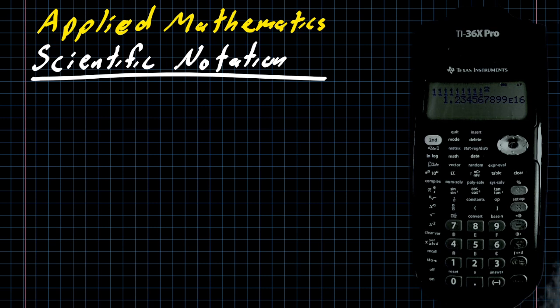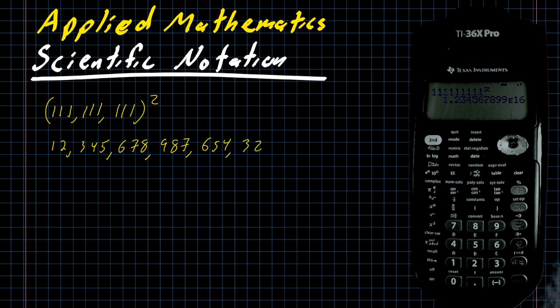If by hand I were to calculate 111,111,111 squared, it comes out as 12 quadrillion 345 trillion 678,987,654,321.